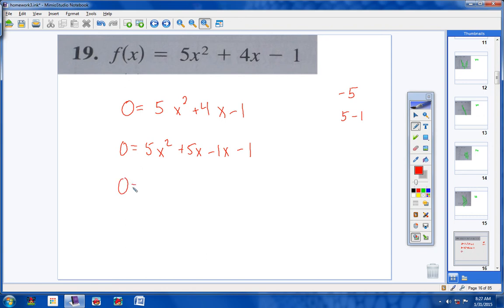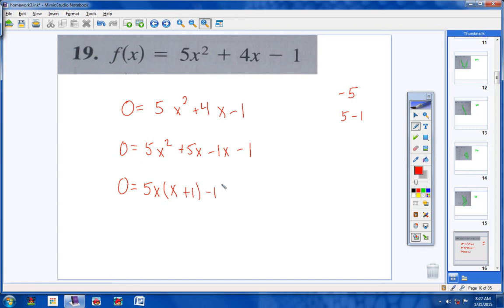Now, pull out an x, and I'm left with 5x plus 1. Pull out a negative 1, and I'm left with x. And this is incorrect, and I apologize. We're going to pull out a 5x, actually, because both terms have a 5, and you're left with x plus 1.